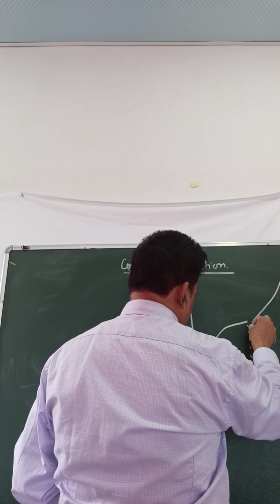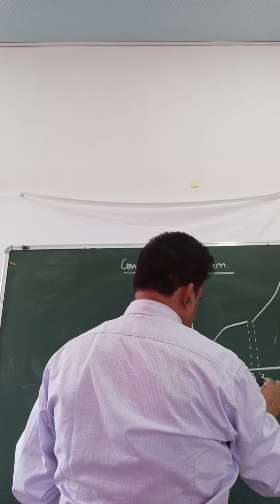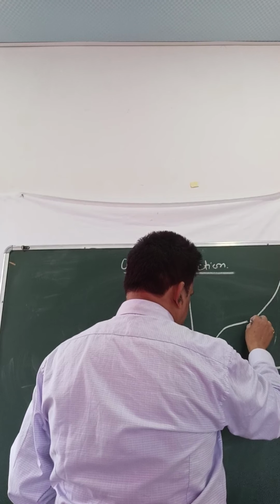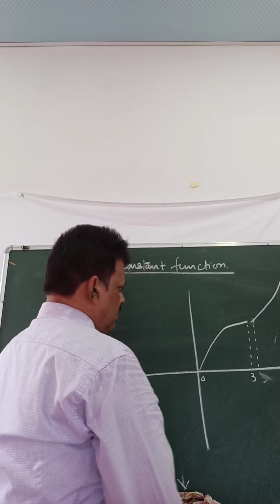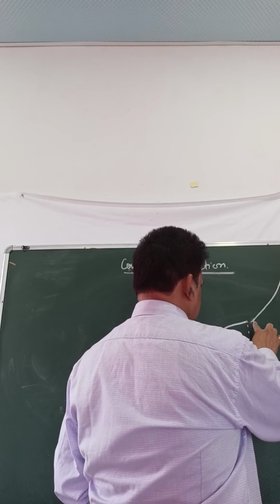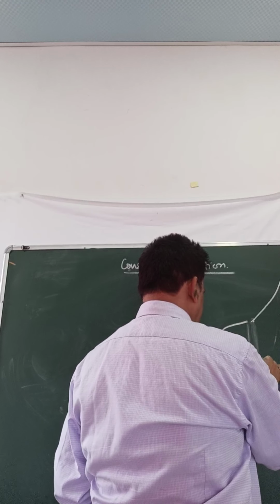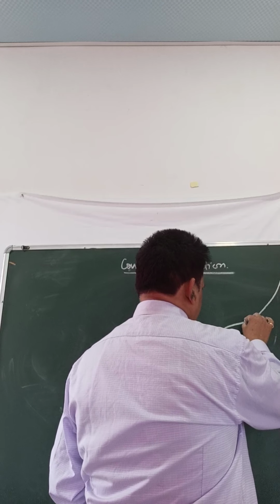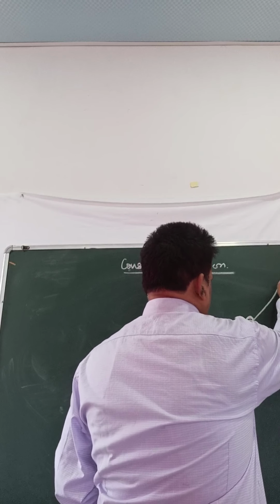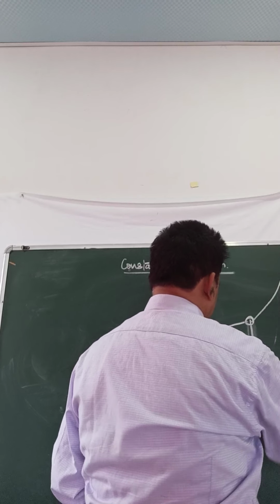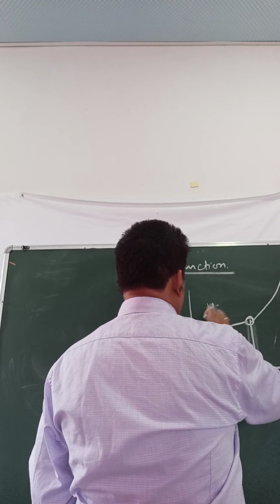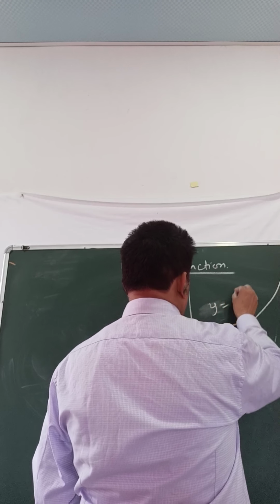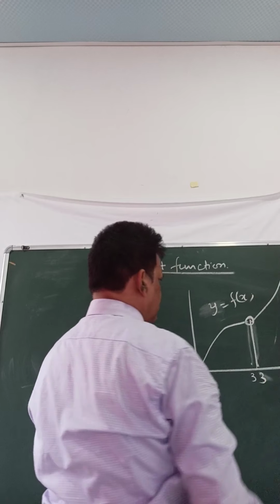Then the closed value I have taken. So I can say 3 point I have taken. This is suppose y. Suppose y is equal to, or f(x) is a graph, any graph here.